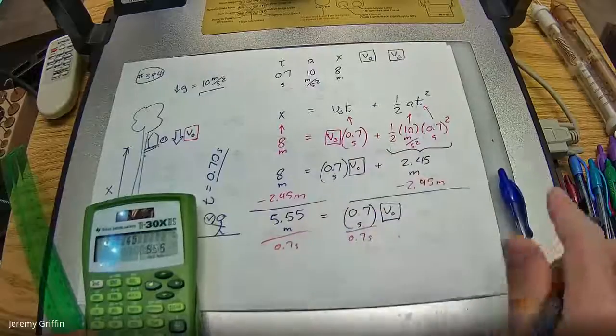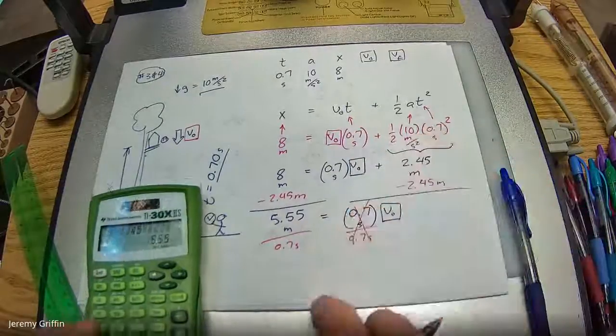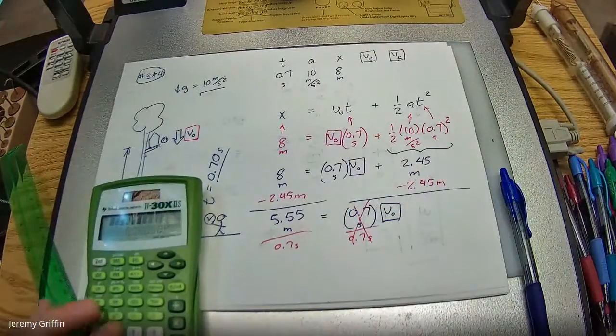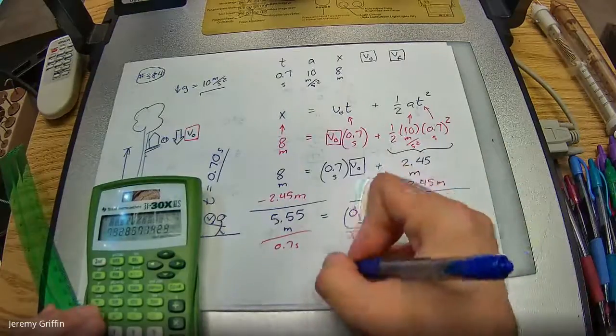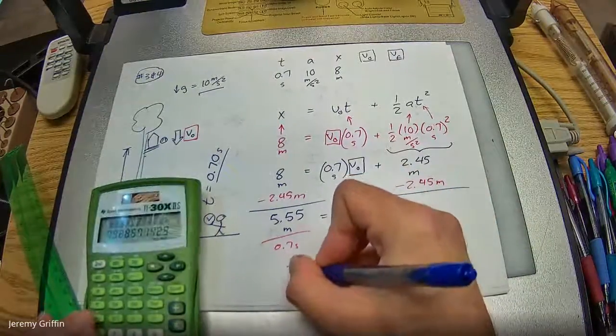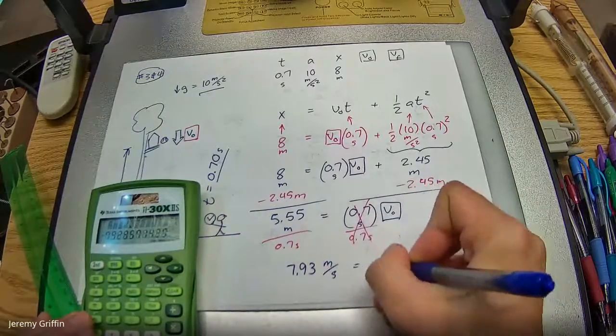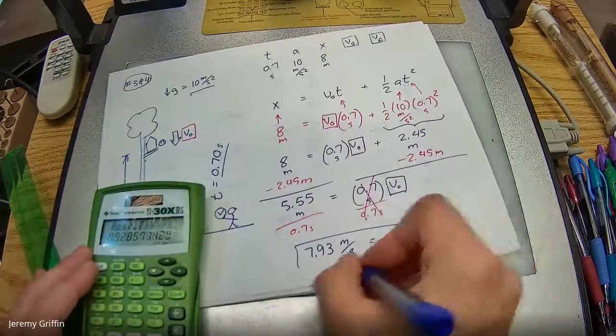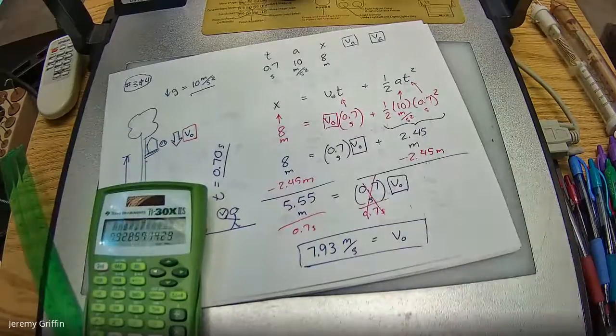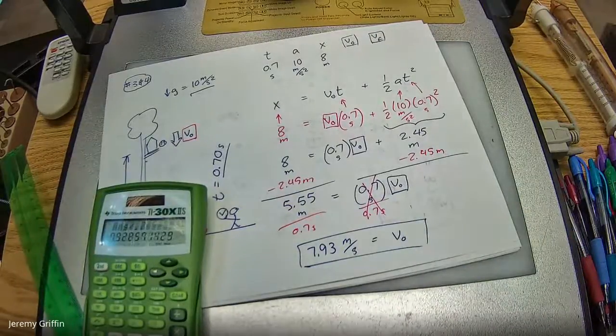Cancels out over here. That's 5.7. I'm getting 7.93 meters per second is the throwing speed. 7.9. All right. Yeah, it's a number on my paper, so all good.